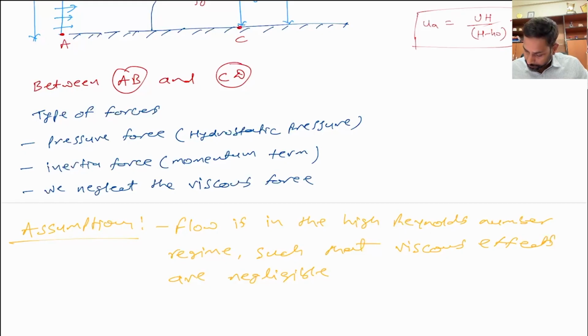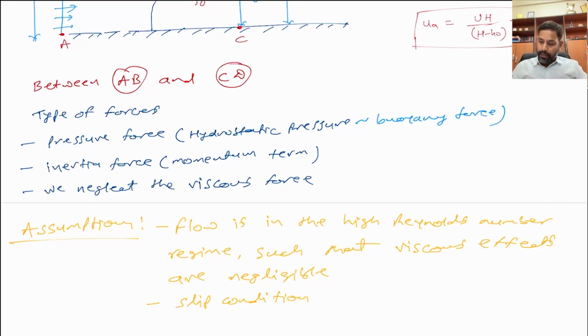Okay, and that is why we consider slip condition. So you might have heard of no slip condition. That tells you that the velocity of the fluid at the solid surface is zero because of no slip condition. But in this case we are not considering viscous effects, and that's why we will consider slip condition. That means there is velocity at all points, and that is why here we are going to balance the pressure force, which here is equivalent to the buoyancy force, you can say.